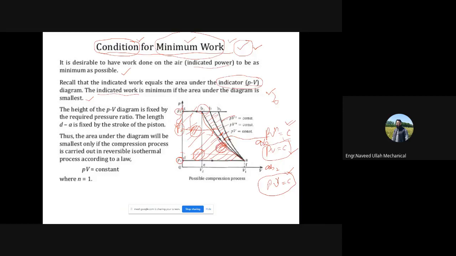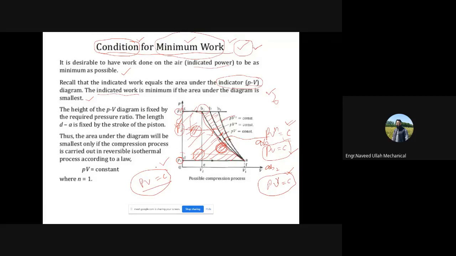This will be the isothermal process. ठीक है. So somehow if you can achieve this PV is equal to constant isothermal process, तो आप इस area under the curve को and consequently work consumed by the compressor, इसको जो है ना आप minimize कर सकते हैं, right? तो ये आपके जहन में हो.